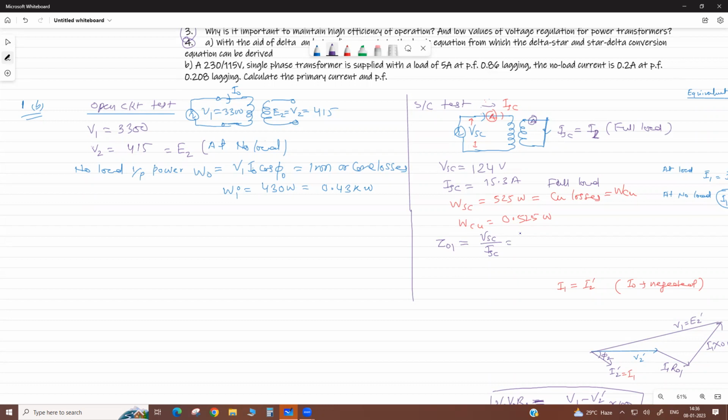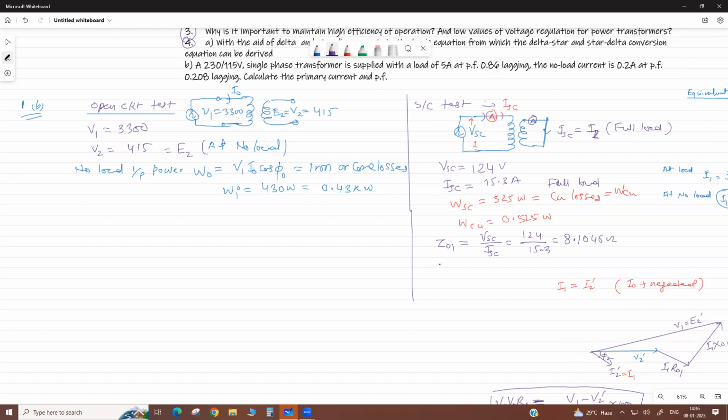It is 124 divided by 15.3. It comes to 8.1046 ohm.